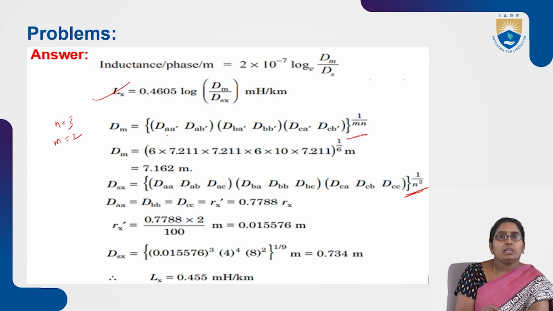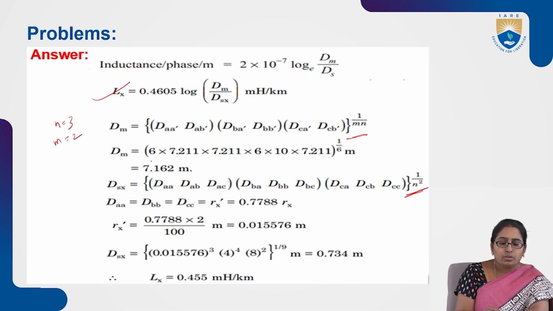So the terms are DAA dash, DAB dash, then DBA dash, DBB dash, next DCA dash, DCB dash. This is for the first conductor.